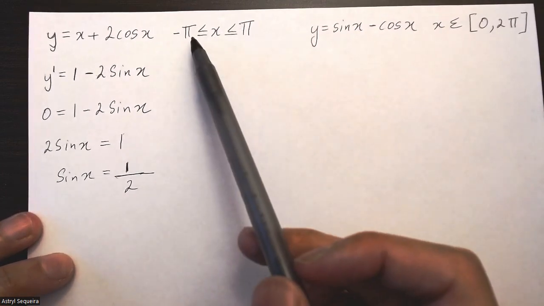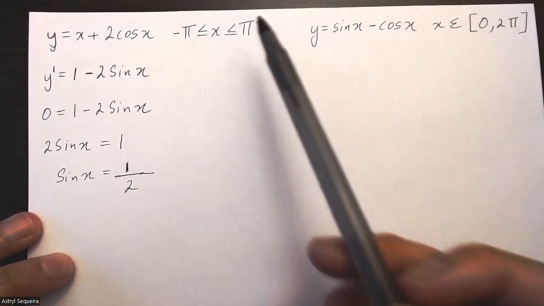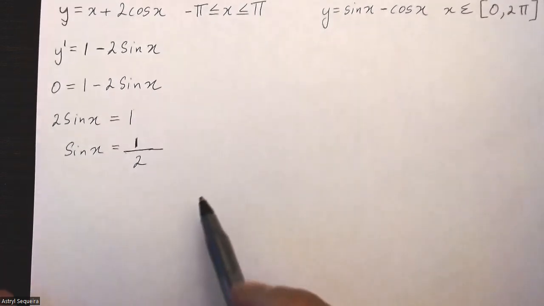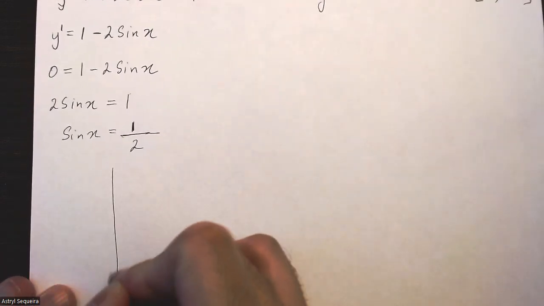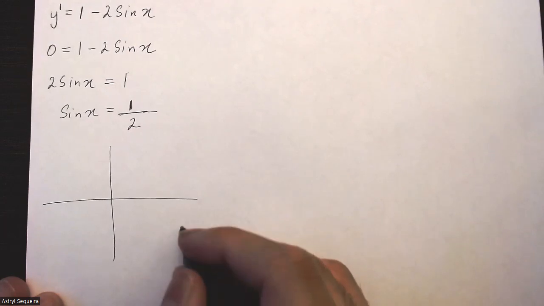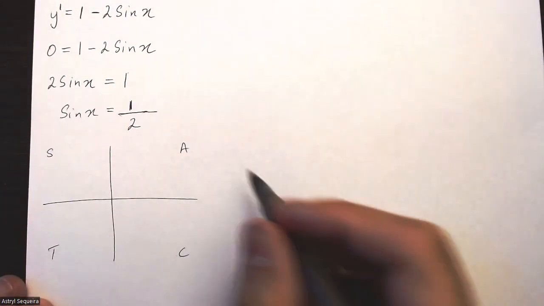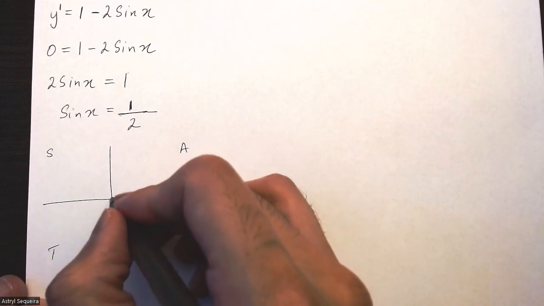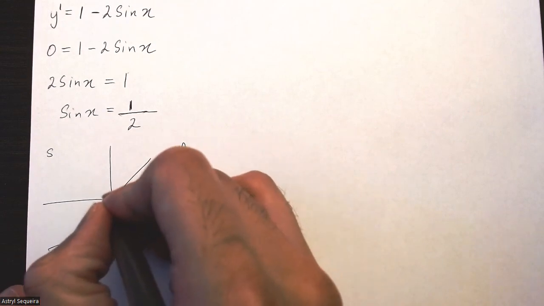Now I know that my given interval is between negative pi and positive pi. So I'm going to use my CAST rule to solve this from advanced functions. Sine is positive in the first two quadrants.